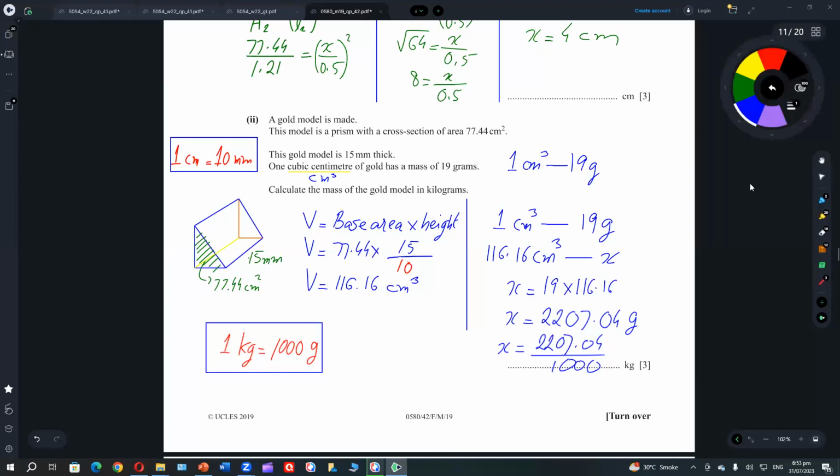Can you please divide for me? Move the decimal back. So, yes, I did. It's 2.207.